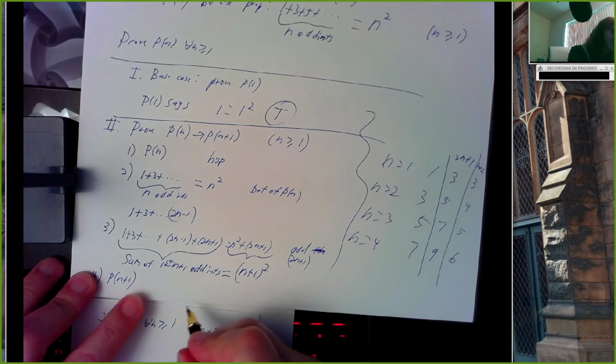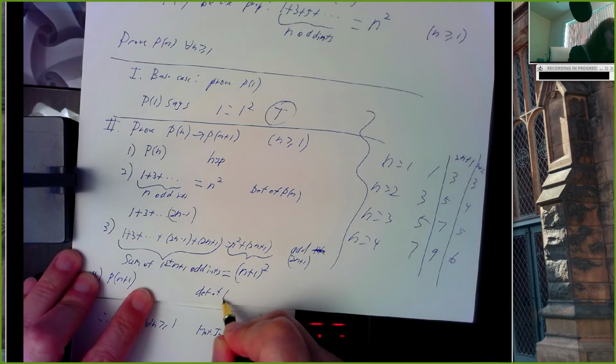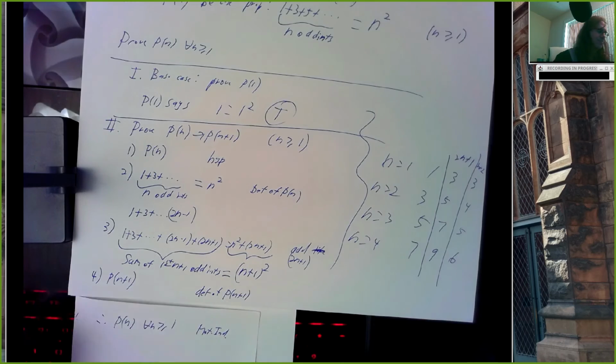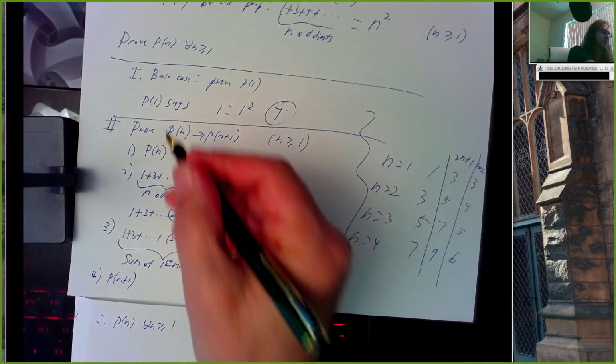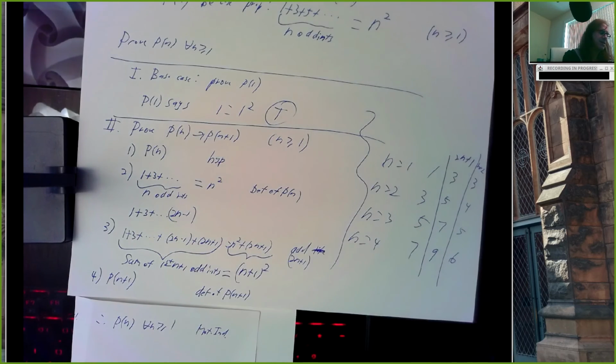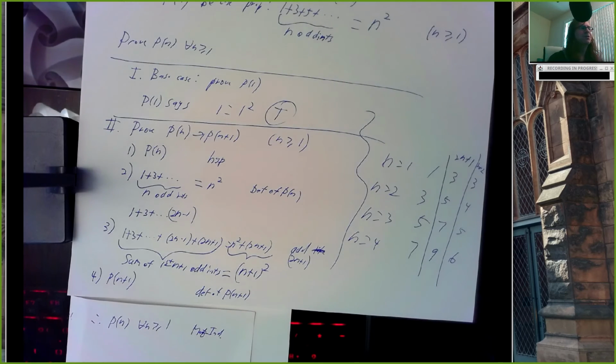My reason for 4 was the definition of P of n plus 1. And so we proved a base case, we proved the inductive step, and therefore mathematical induction tells us that P of n is true for all n bigger than or equal to 1.